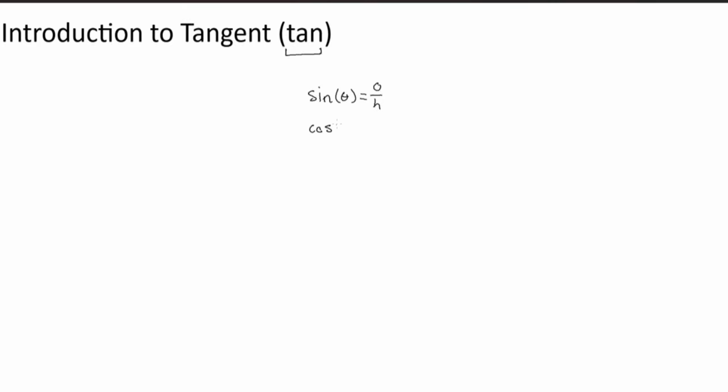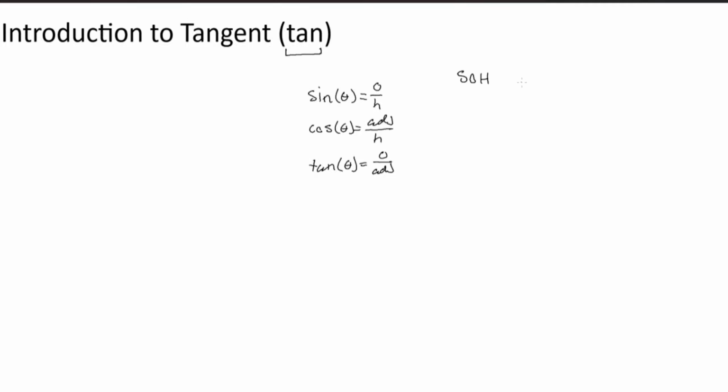Cosine of an angle, cosine of theta, is equal to the adjacent side over the hypotenuse. And tangent of theta, tangent of an angle, is equal to the opposite side over the adjacent side. The fun little acronym, or little saying that we have here, is SOHCAHTOA.